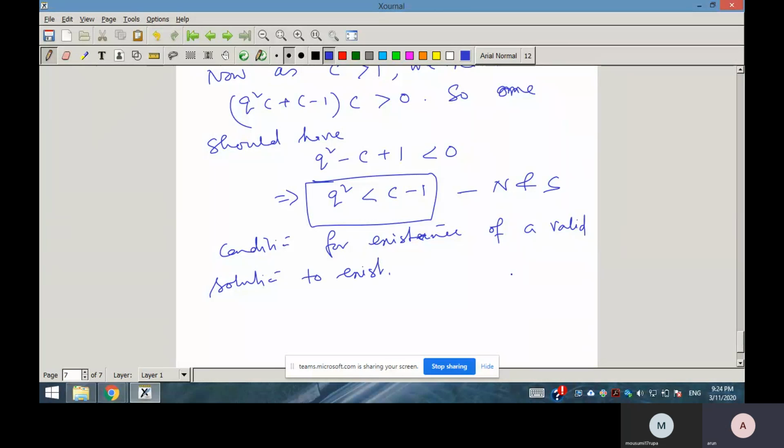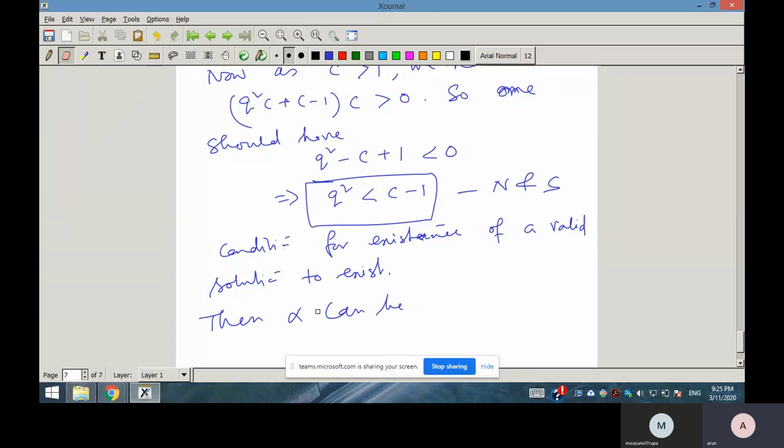Once you get the solution, then alpha can be determined. Then A and alpha you have to find out.